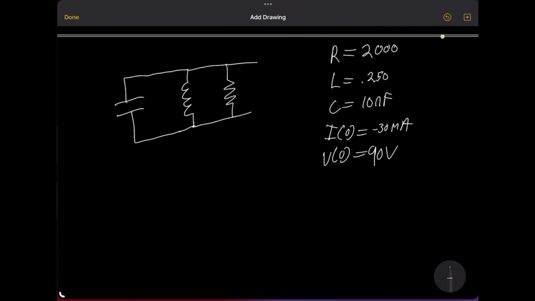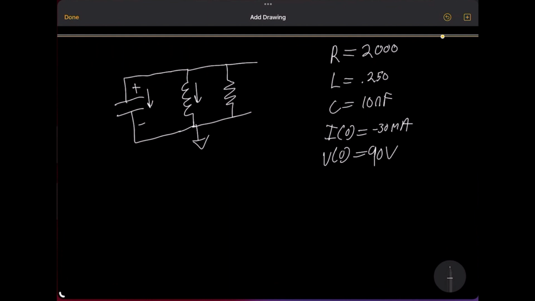Alright, so now we have another circuit, but instead we're given some initial values through this inductor and this capacitor. As it goes to ground, we're going to call this ground. Okay, so first, one of the questions asked by the homework is how do we figure out the initial values of the current through this inductor? Well, we know that as current goes down, it's negative 30 milliamps.